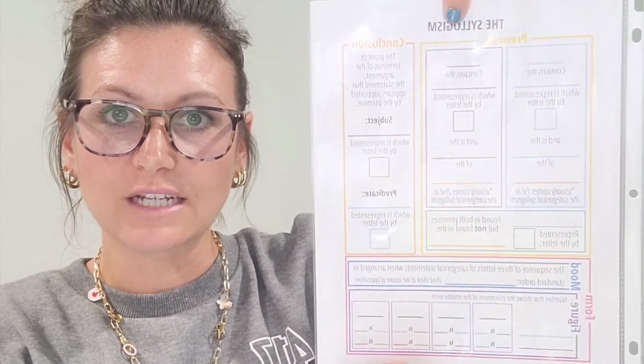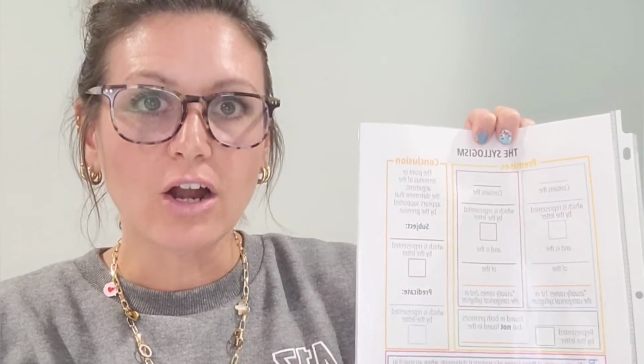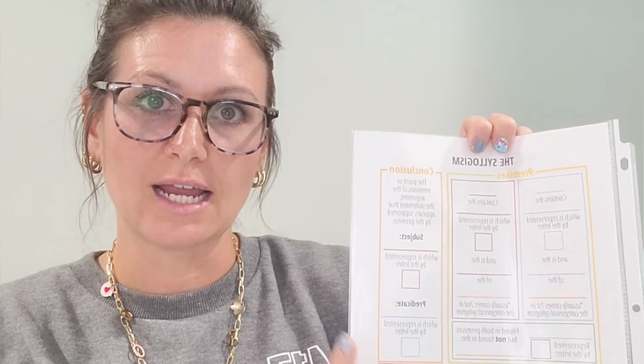And so I've decided to require them to copy this until they get it memorized, because once they figure this out, they are going to have a much easier time working out the syllogisms that they have to do for their homework. So I love this chart. We've been using it for a couple years, and I've just decided to make it a formal part of my brain book.